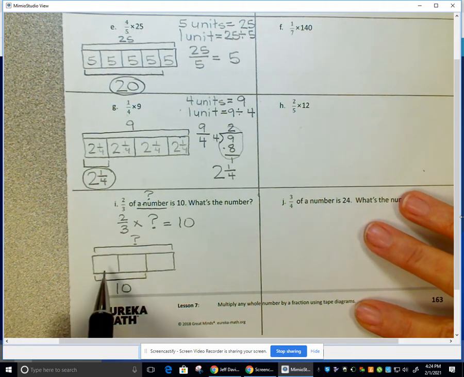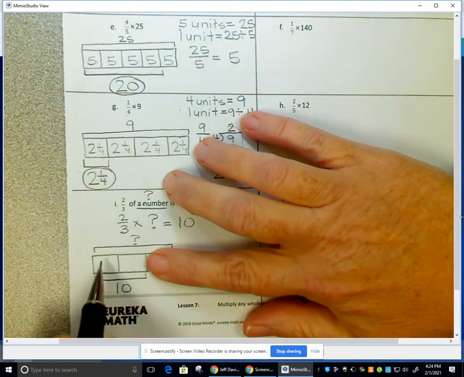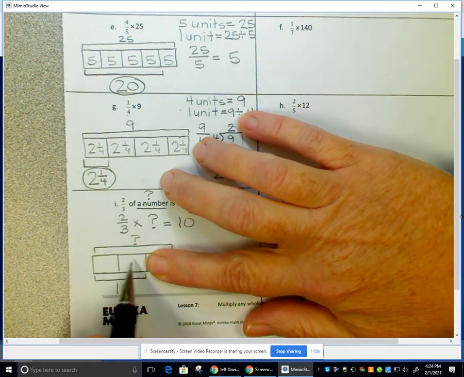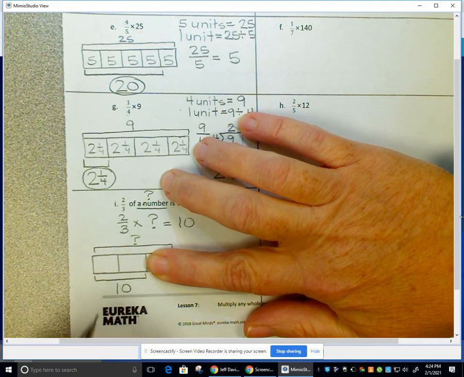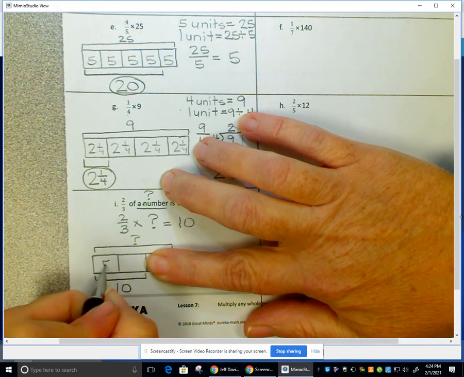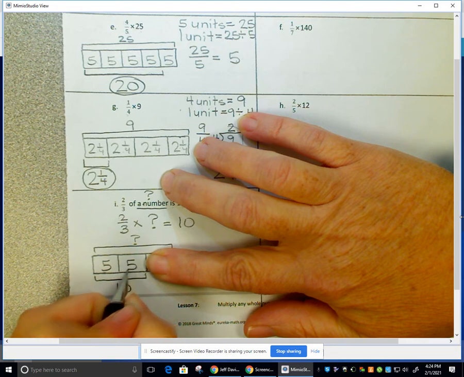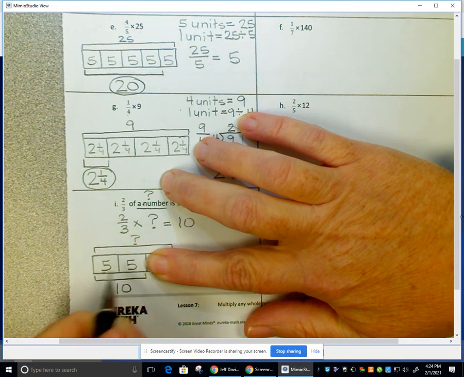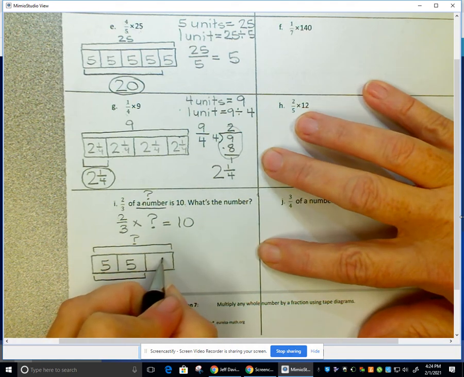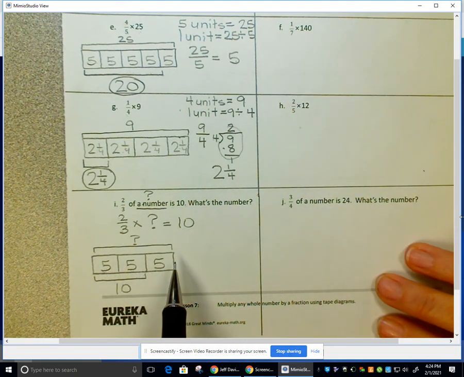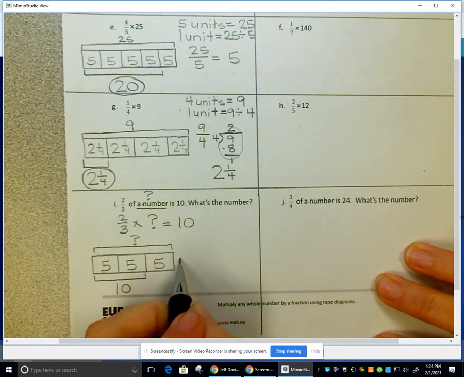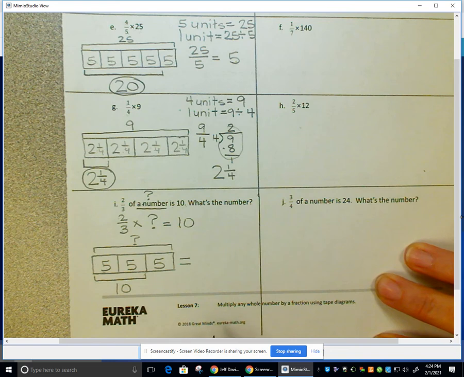So think about it. What would these two have to be if they're the same number to add together to give me 10? I hope you thought of 5. 5, 5, and if these are 5, then this one is 5. So what number are we looking at as my whole here? What's my whole number?